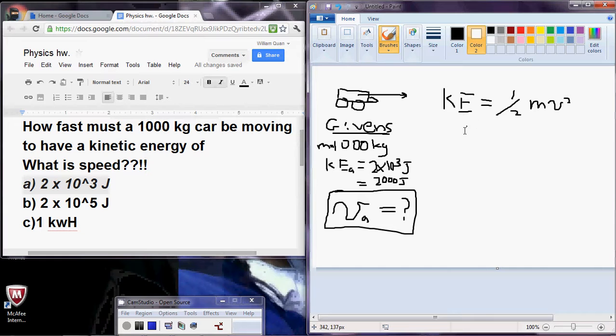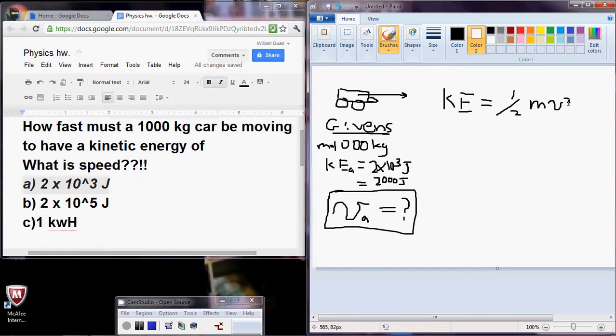So what we want to do is isolate the speed of A.